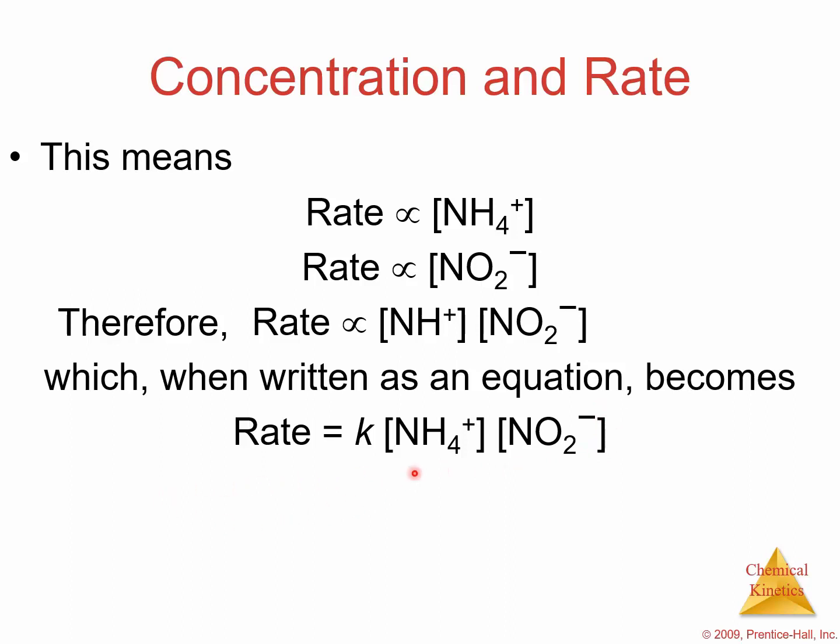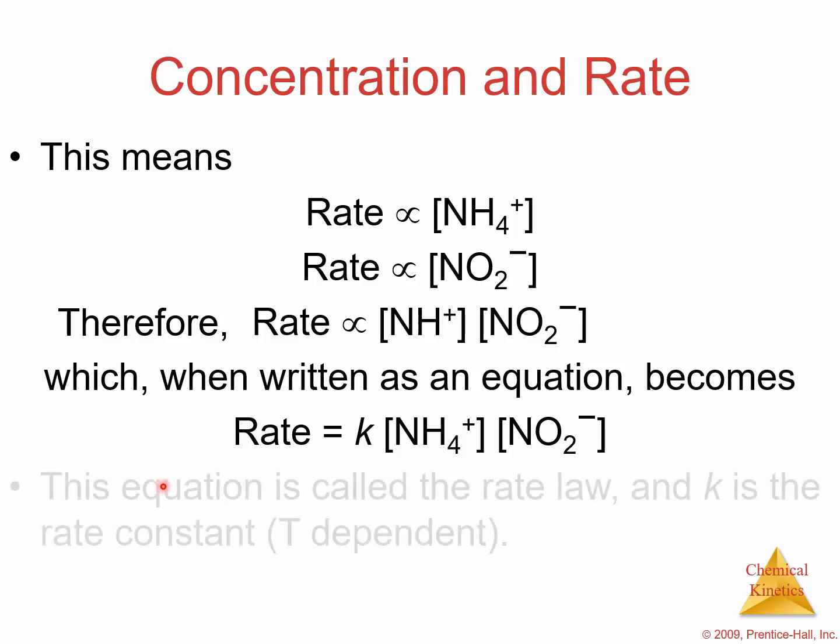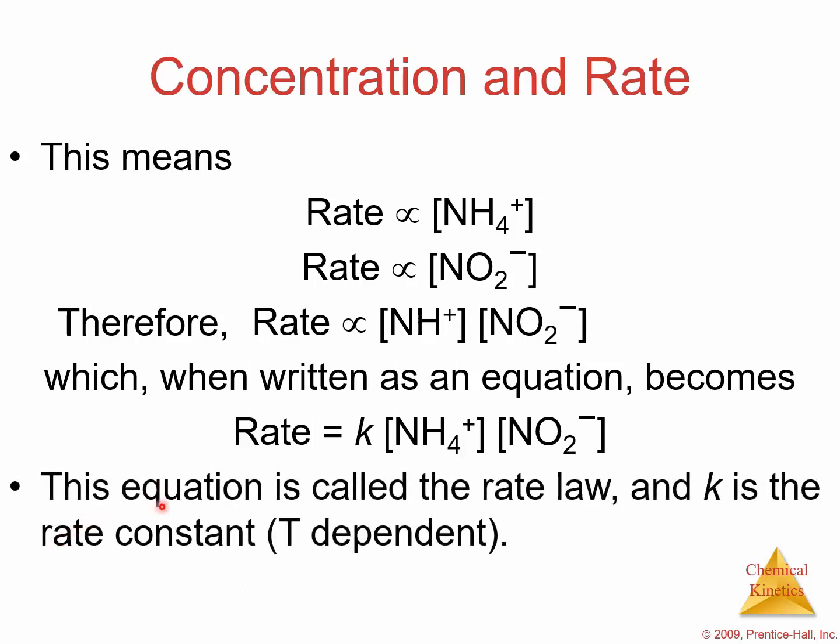So we can say the reaction is first order with respect to NH4 plus and first order with respect to NO2 minus, and it is second order overall. Now this equation is called the rate law, and k here is the rate constant, which is temperature dependent. Thank you. End of part 1.